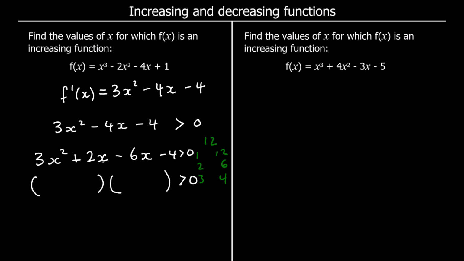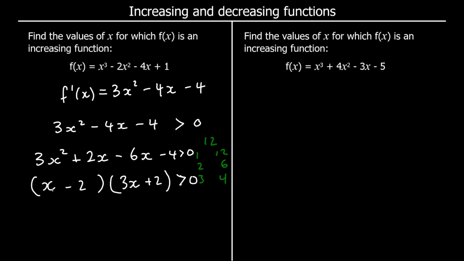What can I take out of the first two terms? They've both got x in them. X times 3x makes 3x squared. X times 2 is 2x. Negative 2 times 3x is negative 6x. And negative 2 times positive 2 is negative 4.